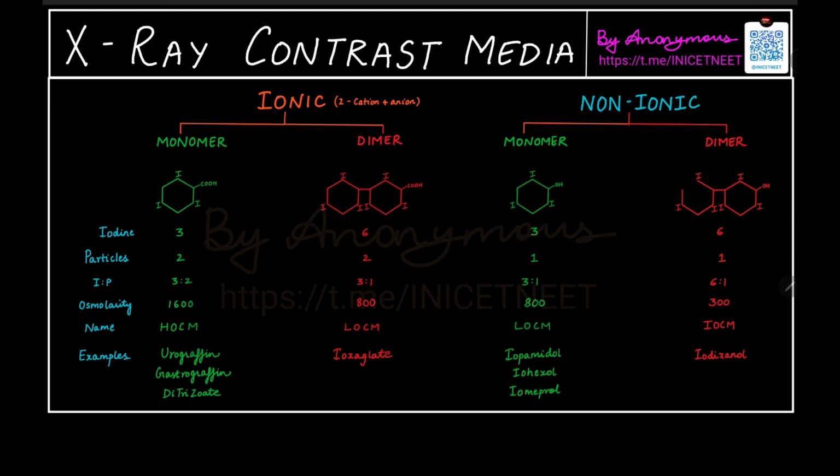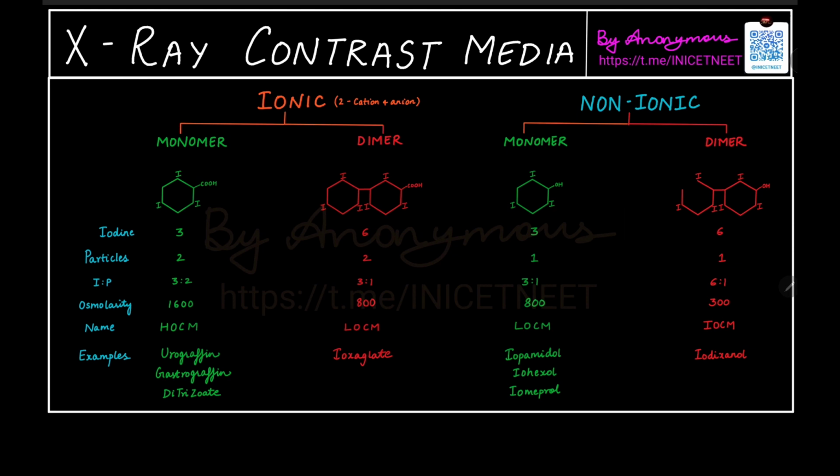Now coming to examples, ionic monomers include urografin, gastrografin, and diatrizoate. The ionic dimer, which is commonly used as well, is ioxaglate. Non-ionic monomers, which are very commonly used in India, include iohexol, Omnipaque, iopamidol, and iopromide. The gold standard non-ionic dimer, the IOCM, is iodixanol, which was previously not available in India, but right now even iodixanol is available.